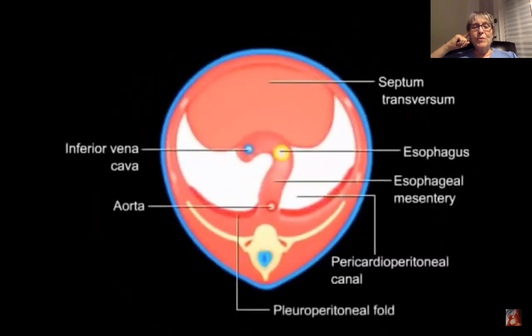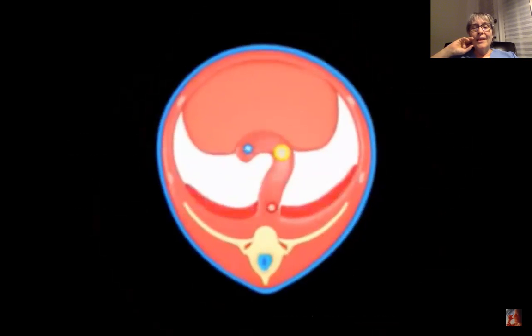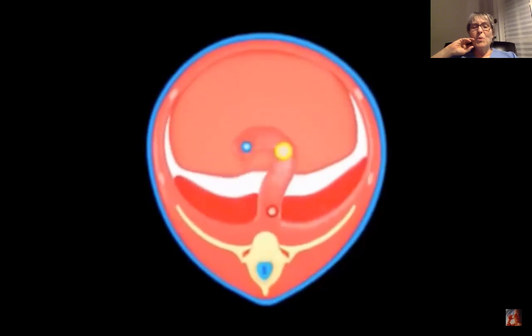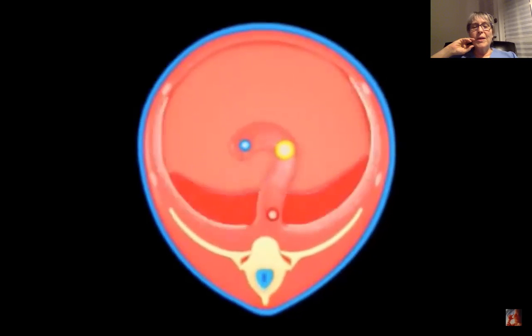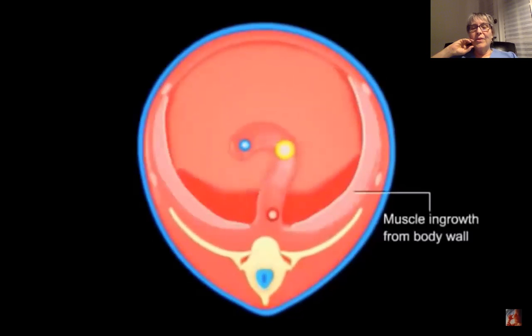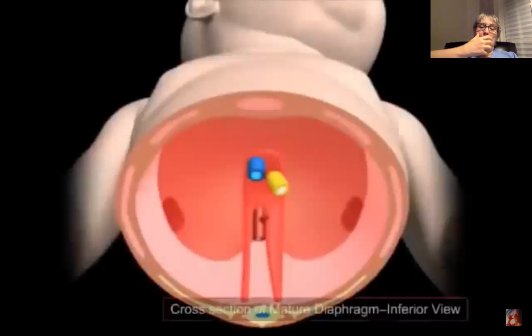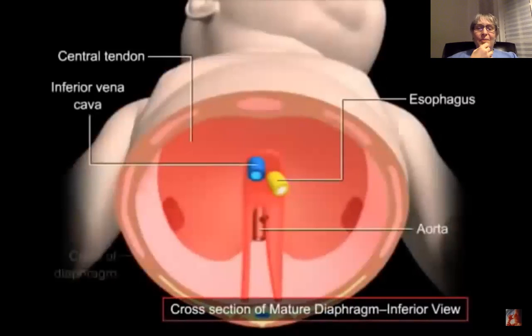So septum transversum in the anterior part, and you can see that multiple different things are going to grow together to create the diaphragm. You're going to get muscle growing in from the body wall, and this is a really cool sort of being able to see what it's going to look like and how it forms.